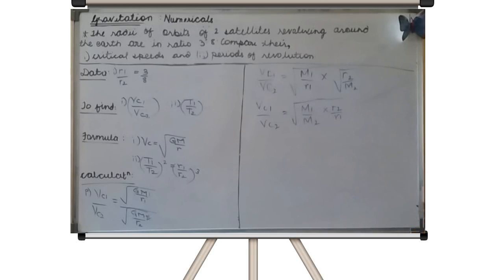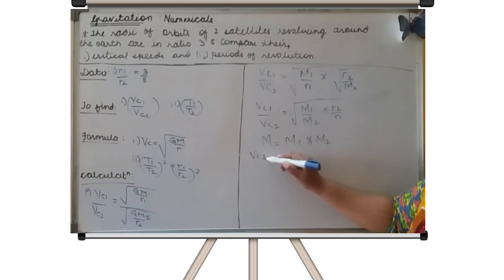Since both the satellites are orbiting Earth only, their M would be also equal. M is equal to M1 and M2.